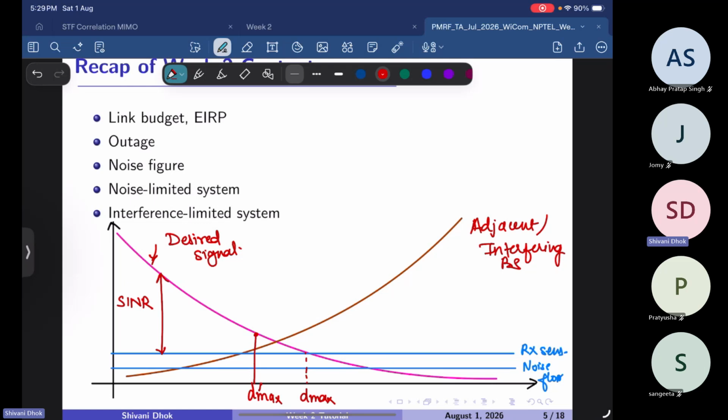When the noise is not dominating much, and you can approximate this SINR to C by I, which is nothing but your SIR, signal to interference ratio, then such a system is known as an interference limited system, because the system's performance is predominantly affected or limited by the interference and not by the noise.